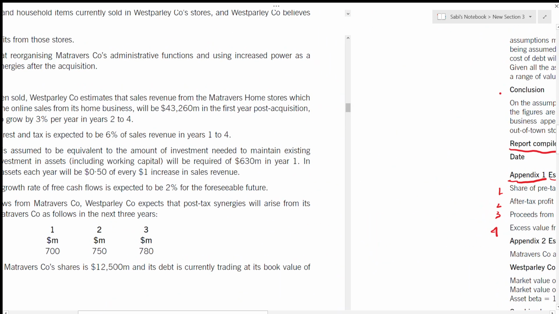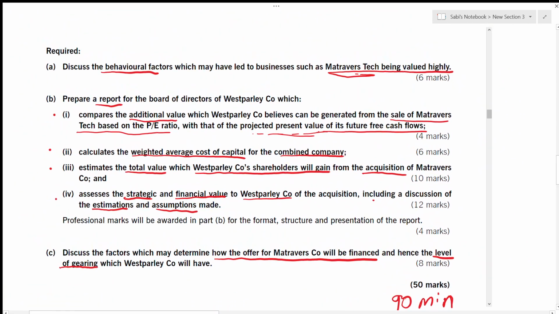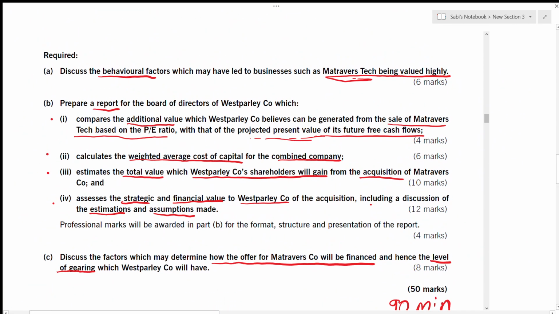Now let's go to the second requirement. Second, calculate the weighted average cost of capital for the combined company, WACC. Very interesting. This is the part where you have to do majority of your work. What comes to your mind when you think of WACC? Let me ask this question before I start.